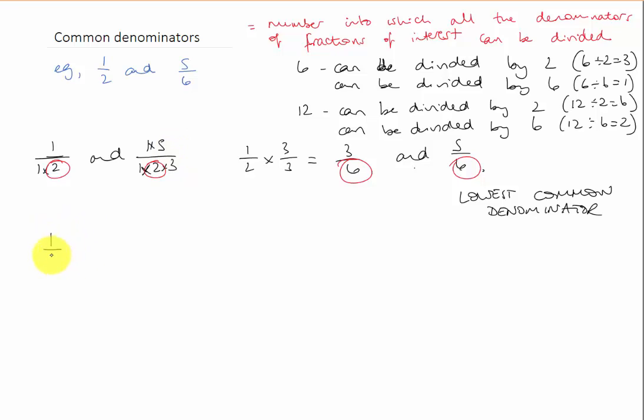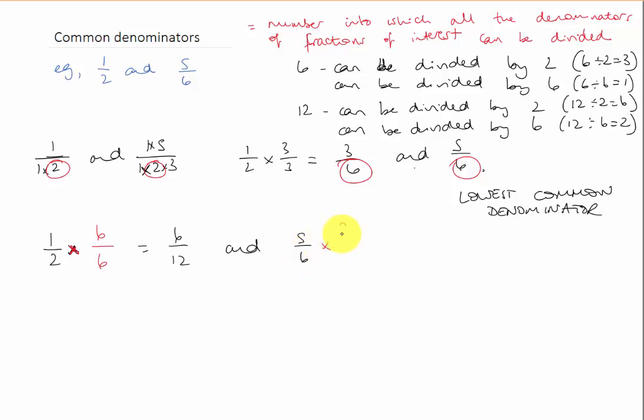So let's say we've got 1/2 and we multiply that fraction times 6 over 6. So that is the denominator of the other fraction. That gives us 6 over 12. And then vice versa. We have 5/6.